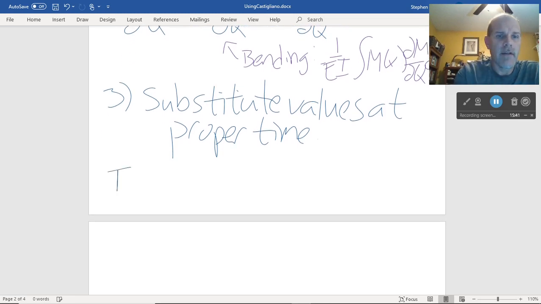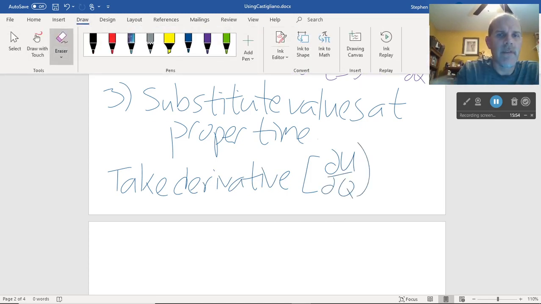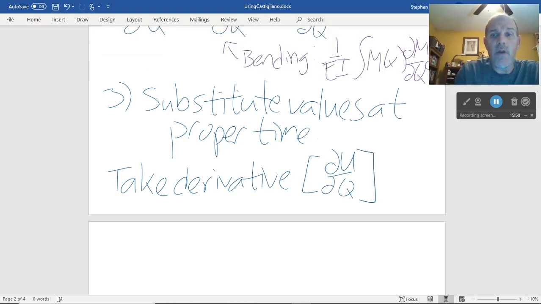Bottom line, take the derivative, right? In this case, here would be delta U by del Q, the partial of U with respect to Q. And that would be U of the whole thing.